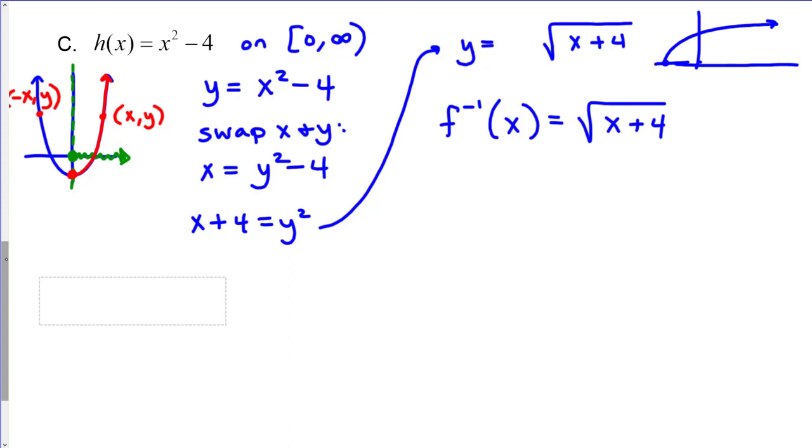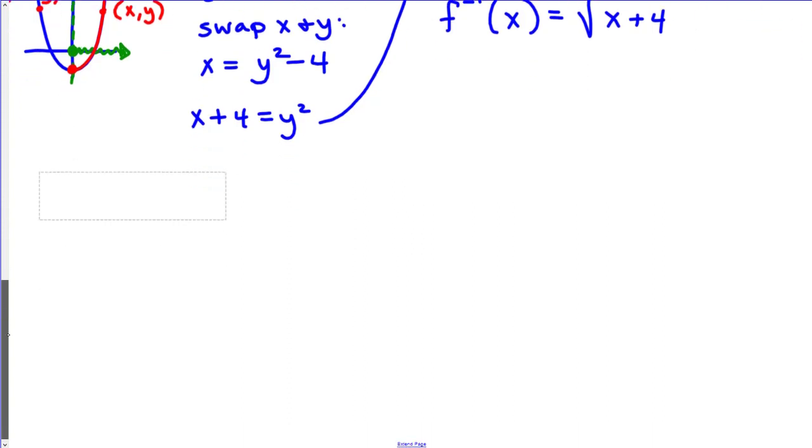And if you'll notice, that square root graph is only defined from -4 to positive infinity in the domain, and the range is 0 to positive infinity. So it also has restrictions of its own, and we're going to explore its restrictions in just a few minutes. But for now, let's do one more example.